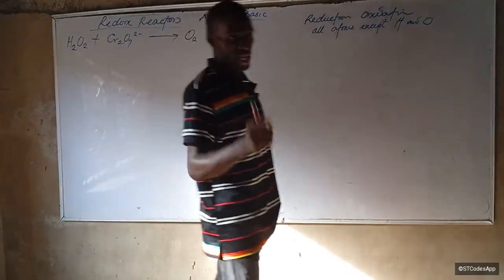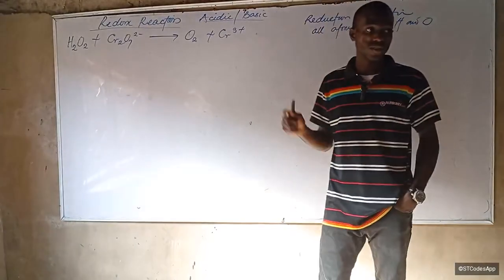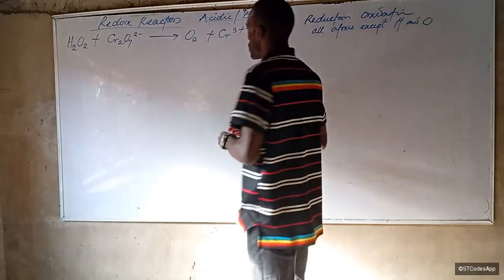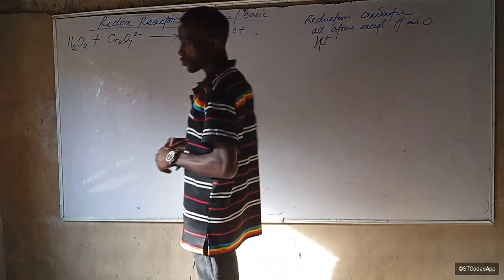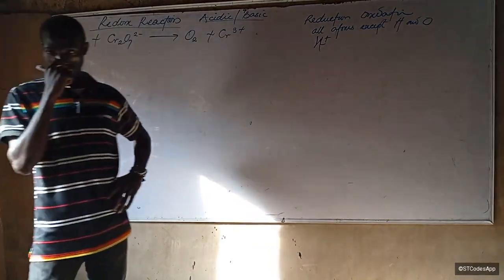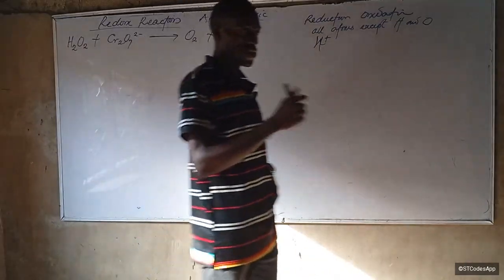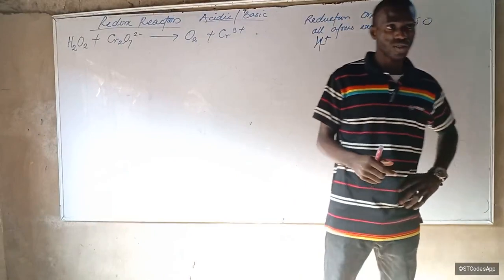Then on the other side, add protons. That's H plus. Add what? Protons, to balance the number of hydrogen.